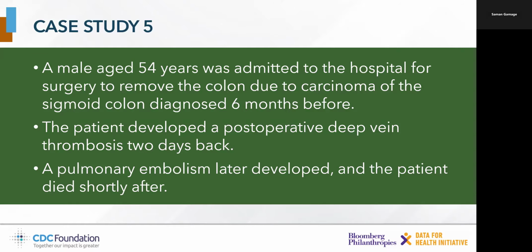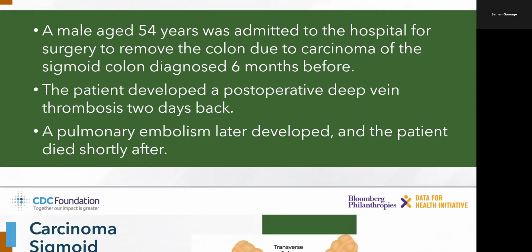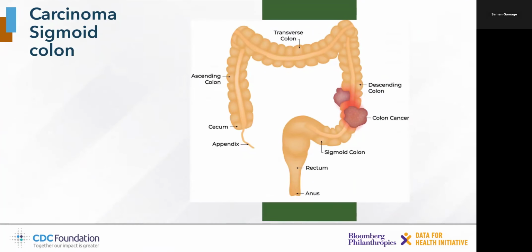So this patient had a carcinoma in the sigmoid colon. The patient underwent surgery and developed a post-operative deep vein thrombosis 2 days later. And then the patient developed pulmonary embolism and died instantaneously. So here is a carcinoma in the colon.